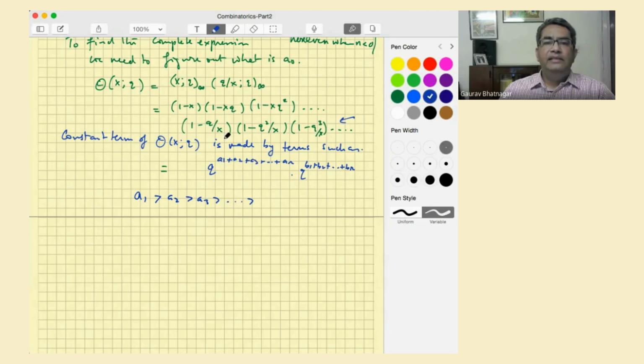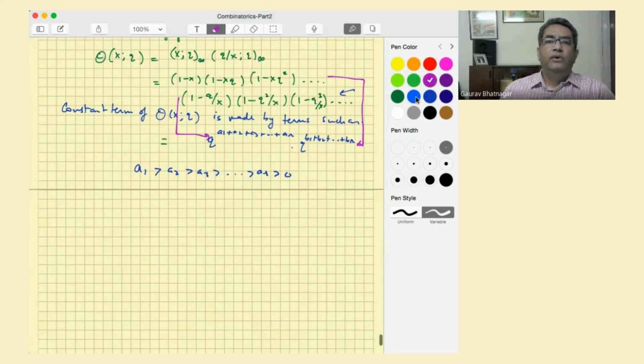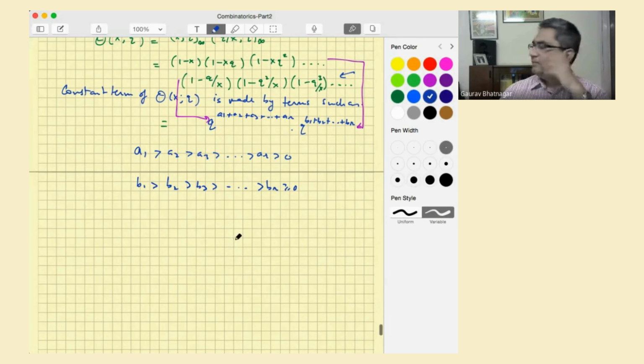And these A's are strictly bigger than 0. But these B's, which are coming from here, B1, B2, B3, up to BR, the last one is allowed to be 0.